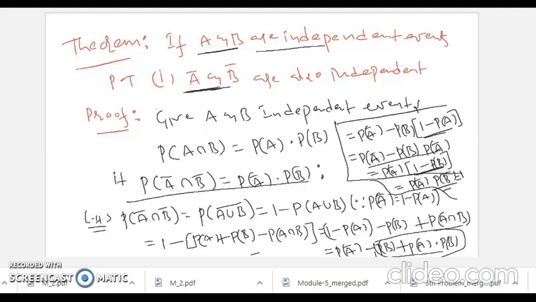This is the RHS value. So P of A bar intersection B bar is equal to P of A bar into P of B bar. From this we conclude that A bar and B bar are also independent.